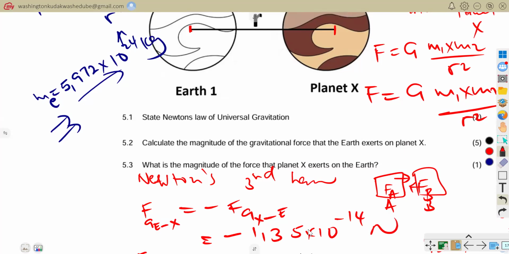The answer that we found, you just put a negative sign to represent its opposite direction, because it is now exerted towards the planet Earth. So that is it, guys. That is to do with Newton's gravitational law, and that is what you would be examined on.